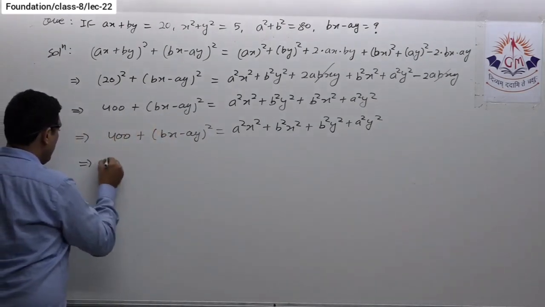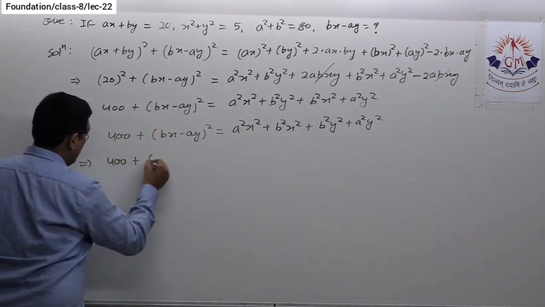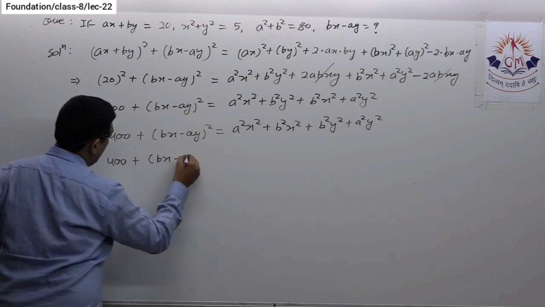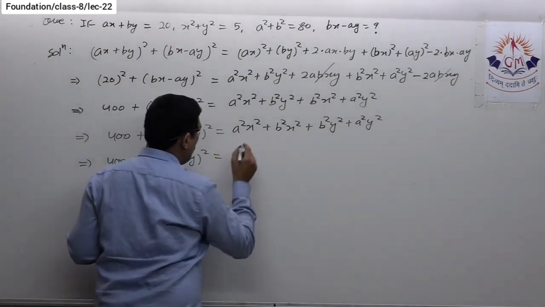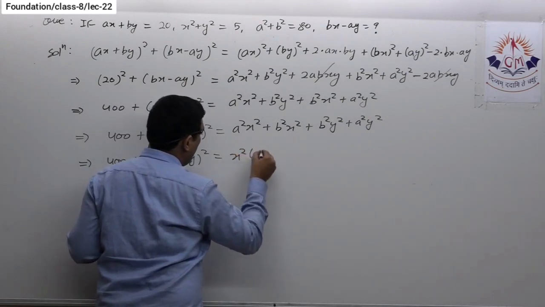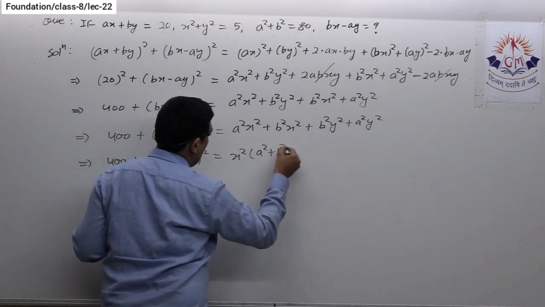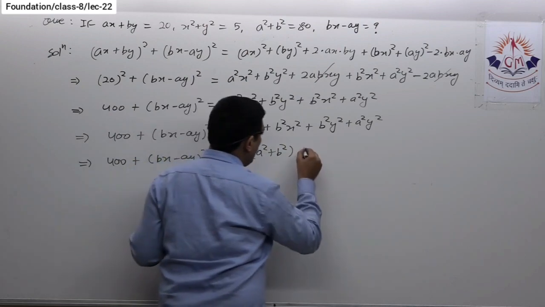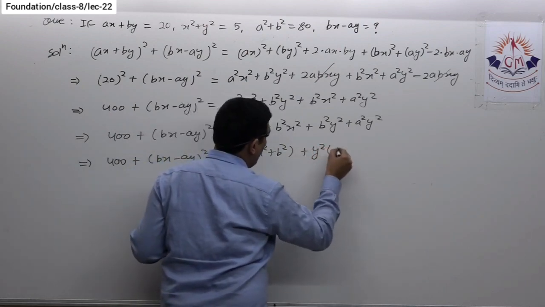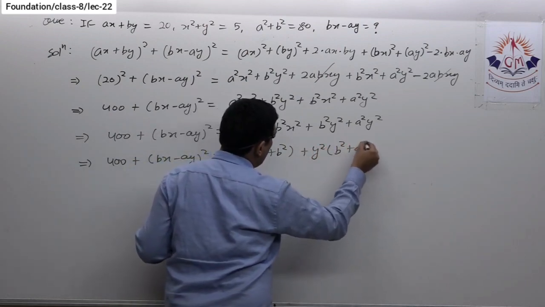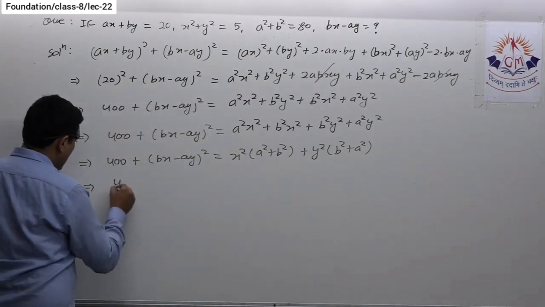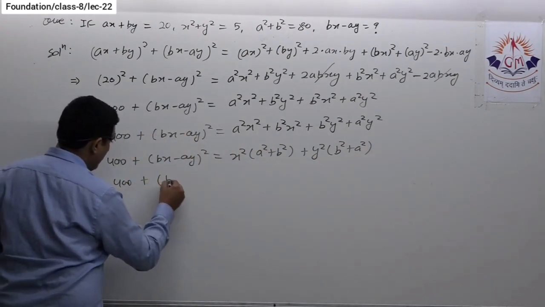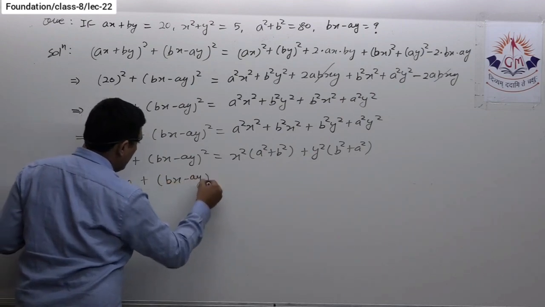So therefore 400 plus bx minus ay whole square is equal to. Now from these two I can take x square common, so a square plus b square. From these two I can take y square common, so b square plus a square. I hope the concept is clear to you.